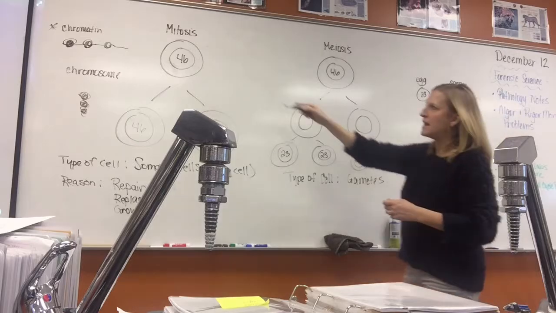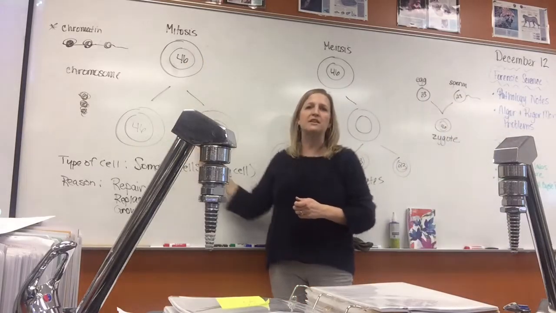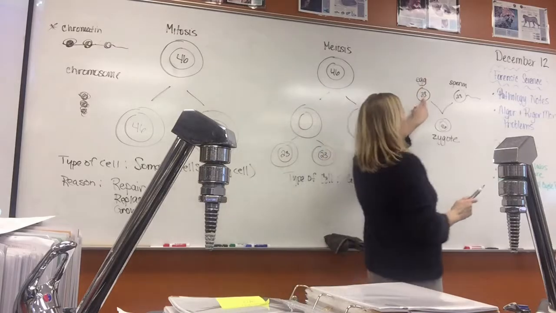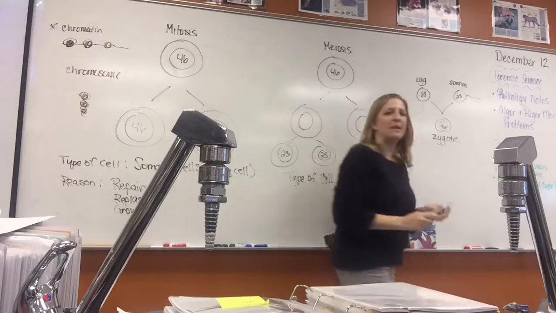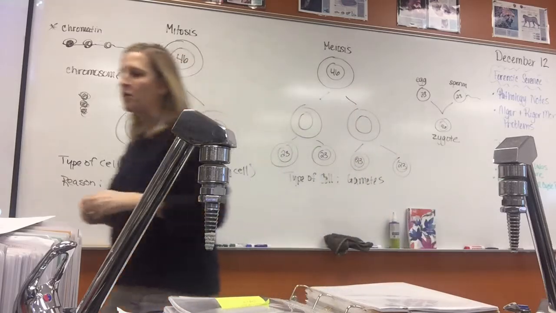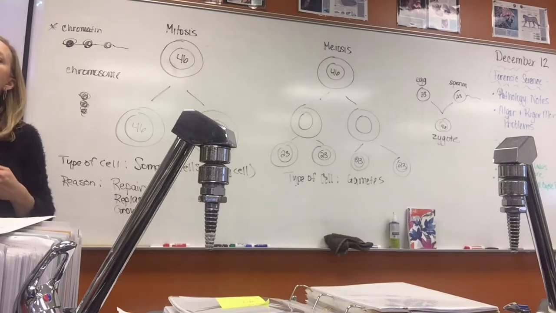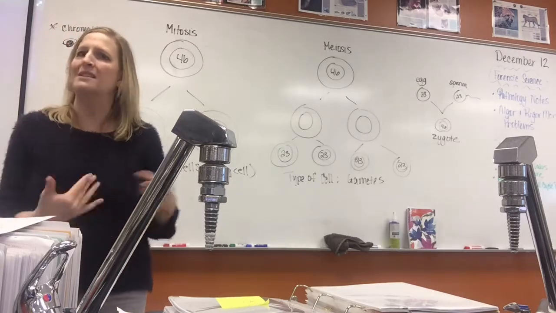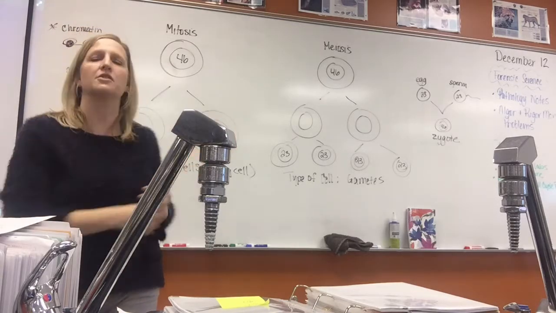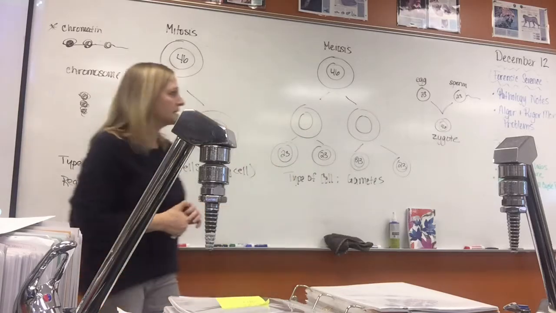Otherwise, if you made egg and sperm cells by mitosis, you would have 46 chromosomes in your egg cell, 46 chromosomes in your sperm cell, and the baby would have 92 chromosomes or 92 pieces of DNA. If this happened, then the mother would probably never even know she was pregnant because that one cell would not survive, all right? And so it would die and they would never even know that pregnancy occurred.